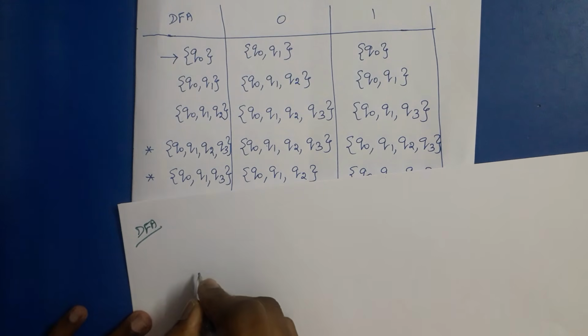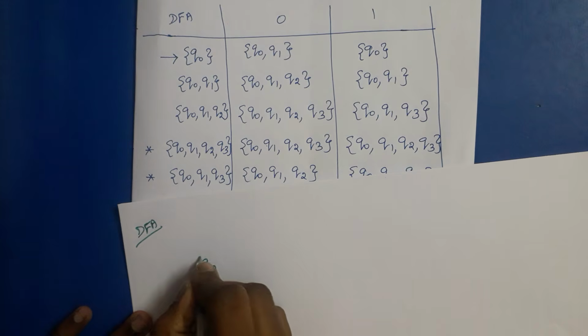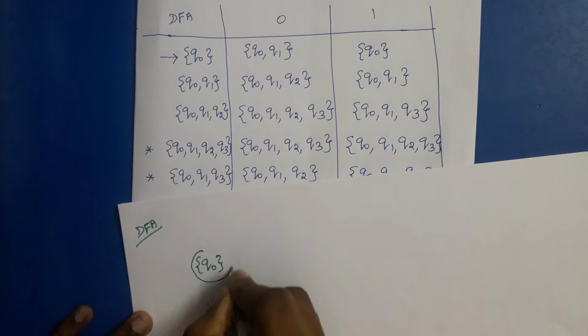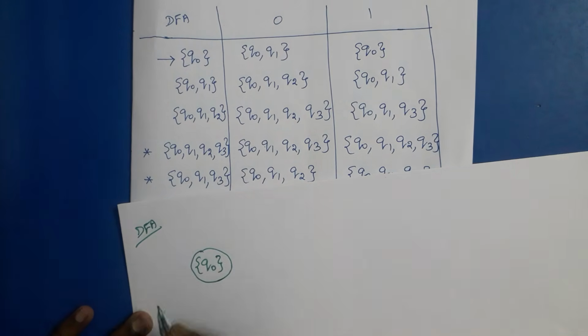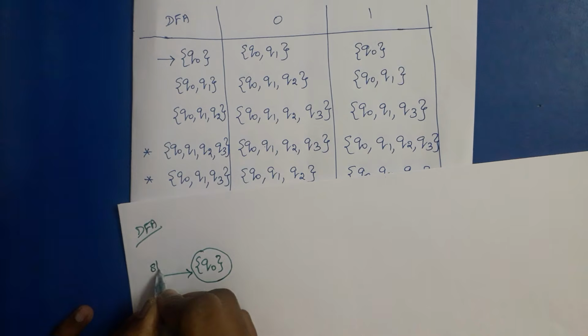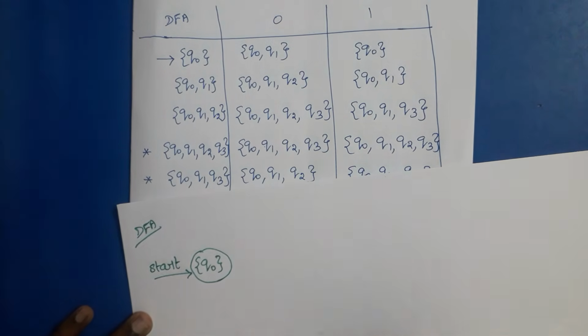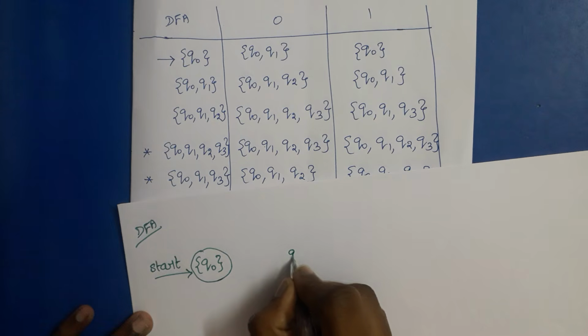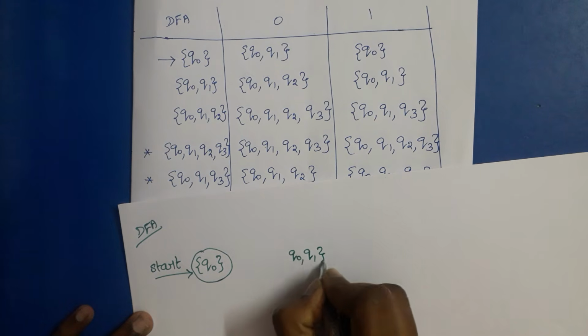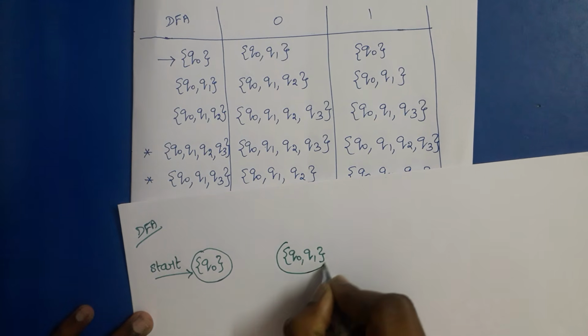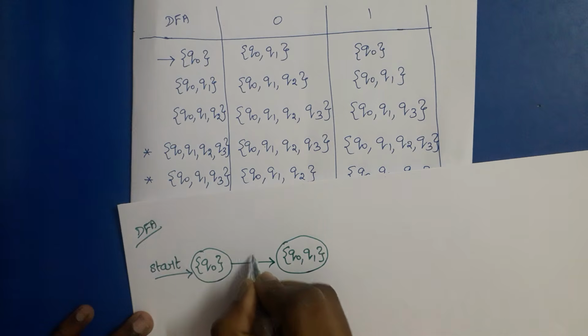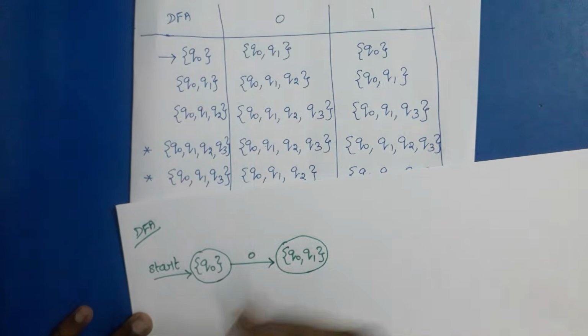So, the DFA transition diagram. Q0 is the start state. Then from Q0, 0 goes to Q0, Q1. And from Q0, 1 goes to Q0.